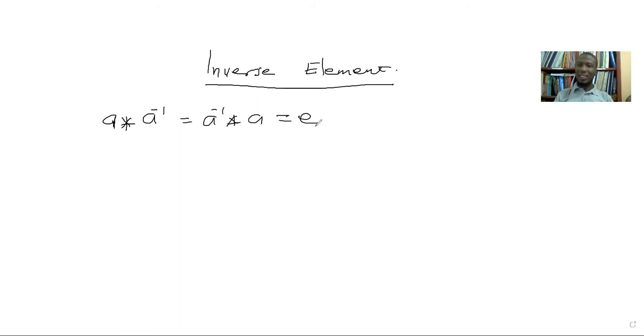So for any binary operation, based on the definition, we have to first go ahead and find the identity element. After finding the identity element, we fix it into this general preamble, then we can go ahead and find the inverse element. So let's take a quick example for me to use to explain this more.